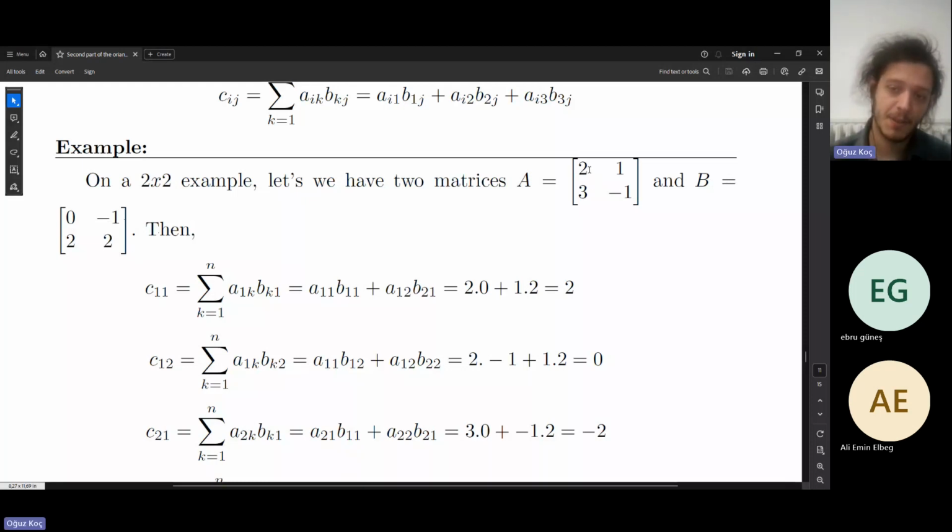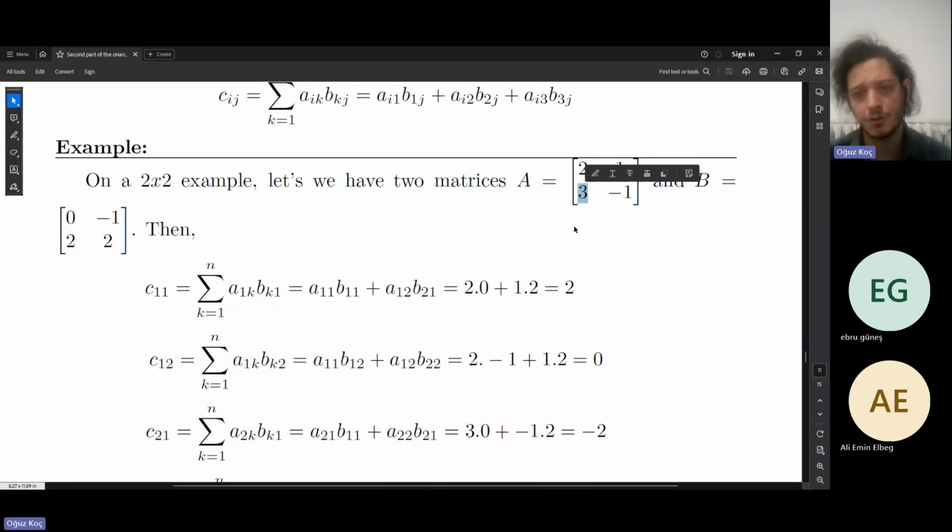In this case, the A11 element is 2, the A22 element is -1, and this is the A21 element. It is in the second row and the first column, therefore we call it A21.